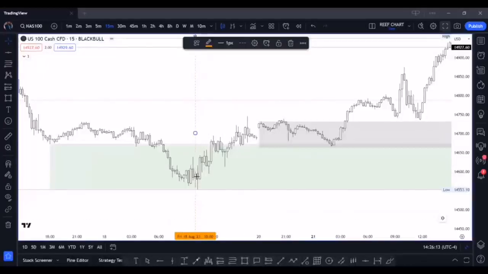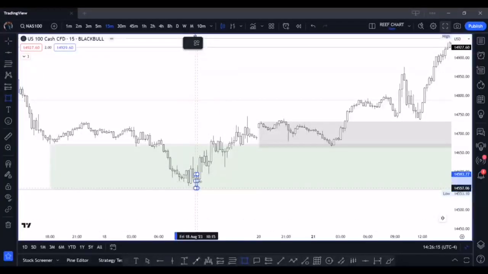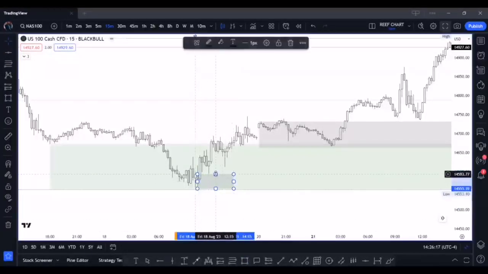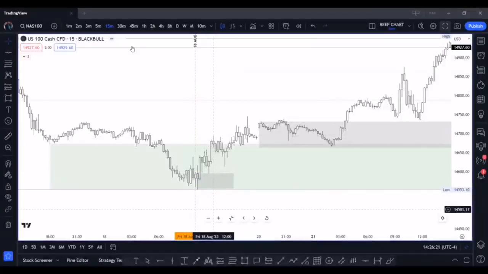And then what did we do over there? We traded into this order block, which was over there. You could see on the 15-minute, price just tapped into this order block on the 15-minute time frame.